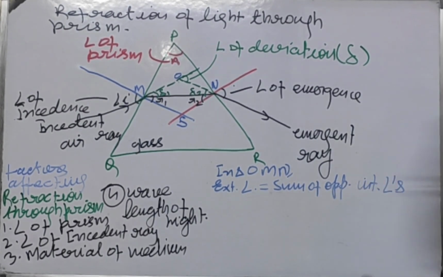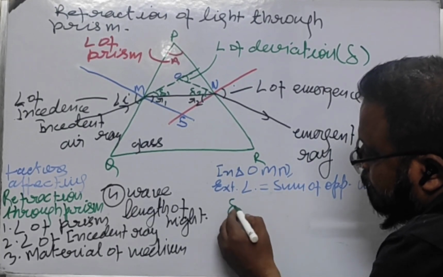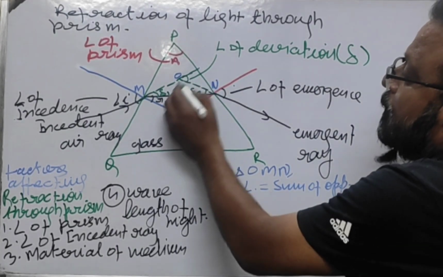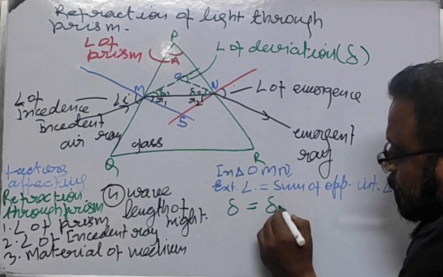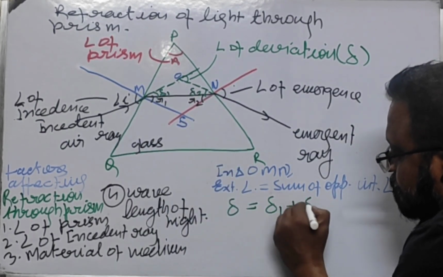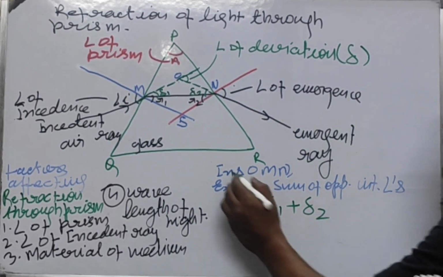Geometry. So the exterior angle is sigma, and this is sigma 1 plus sigma 2. This is one we have.